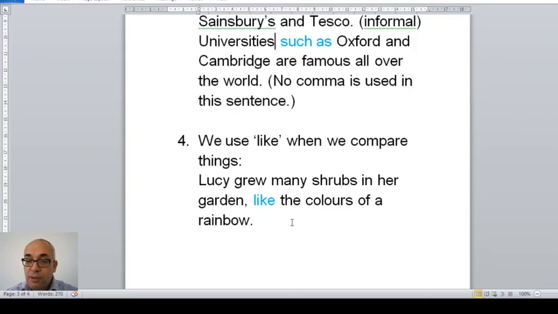It means the rainbow has many colors, and the small trees which Lucy grew again have different colors. So we are comparing the small trees with the rainbow. They have different colors. So I repeat, Lucy grew many shrubs in her garden, like the colors of a rainbow.